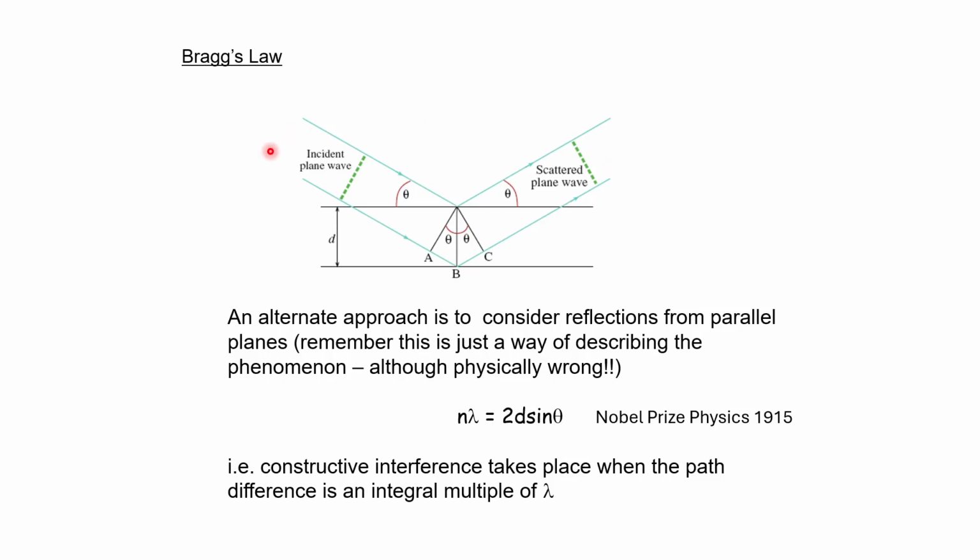So this Bragg law basically uses those Laue conditions only, but in a much simpler way. So this black line represents the planes of your atoms with the spacing d between them, and these are your incident waves which are being scattered by the planes of your atoms.